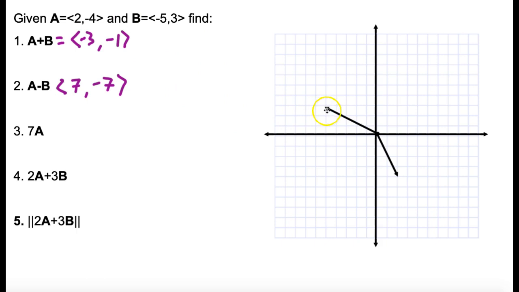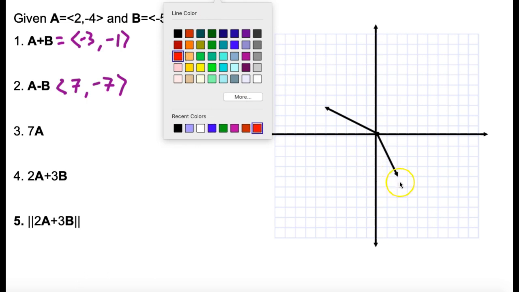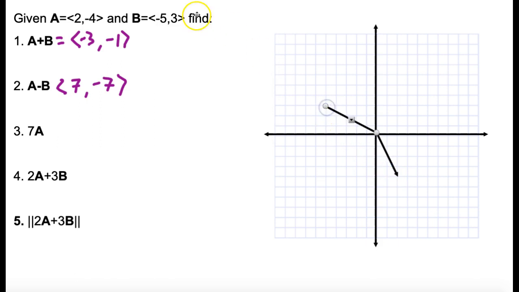Now, if I connect these 2 points, there we go. Now if I connect those 2 points, I get this vector, okay? 7, negative 7. All right, so to add them, we're going tip to tail. To subtract them, we're going tail to tail. All right, but algebraically it is pretty straightforward to do.